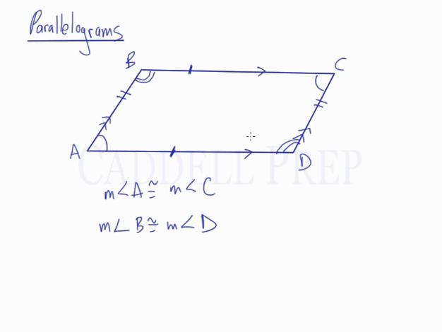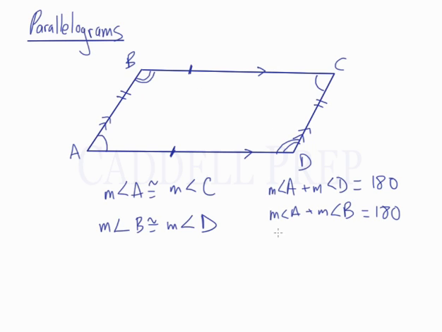The other way you could pair the angles is to make them supplementary. So angles that are adjacent or next to each other add up to 180. So the measure of angle A plus the measure of angle D is 180. Likewise, the measure of angle A plus the measure of angle B, which is next to it, is 180.